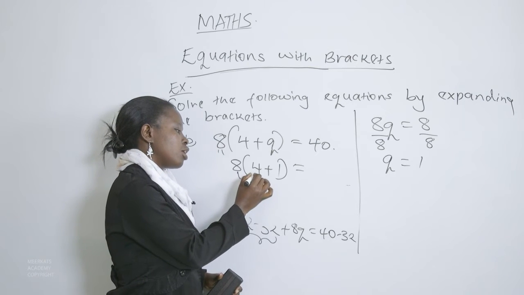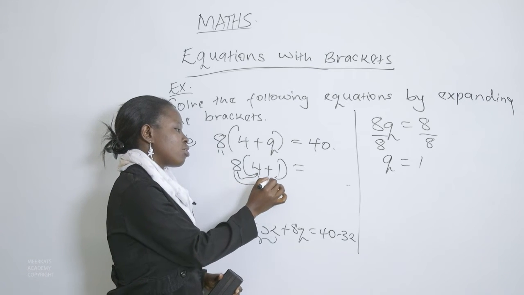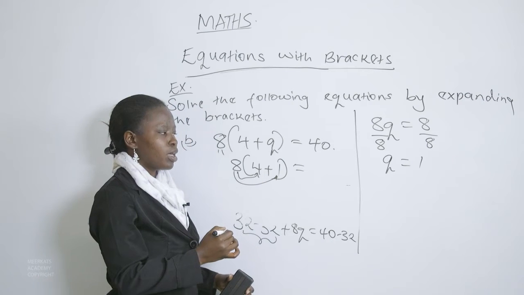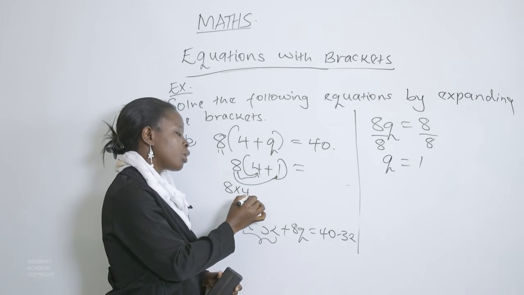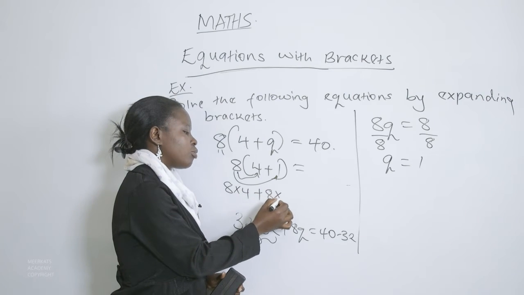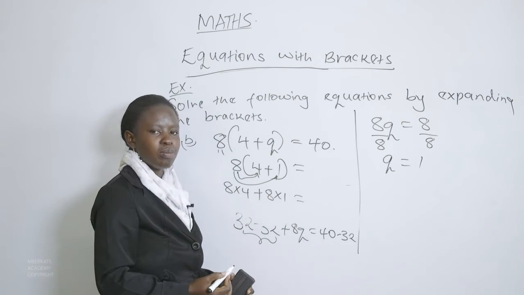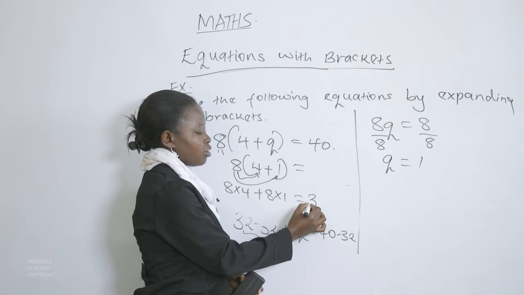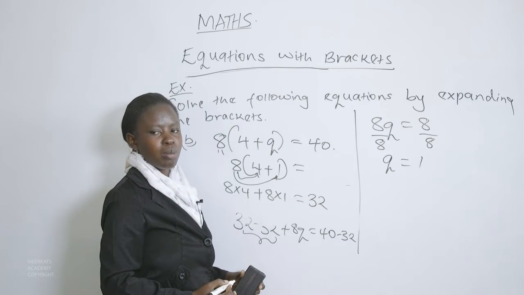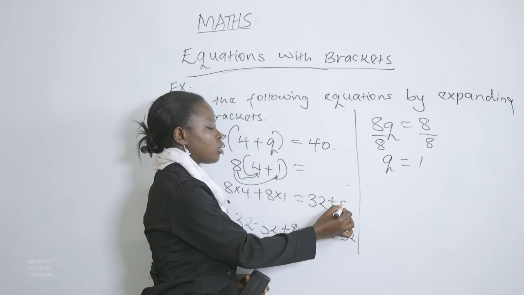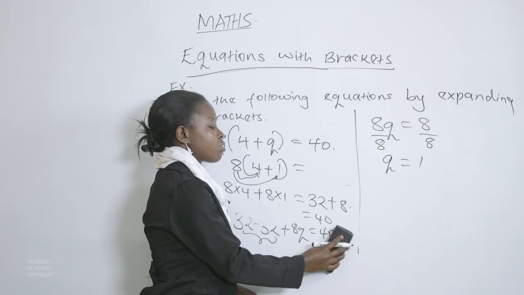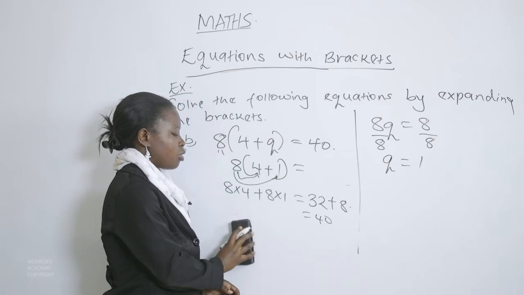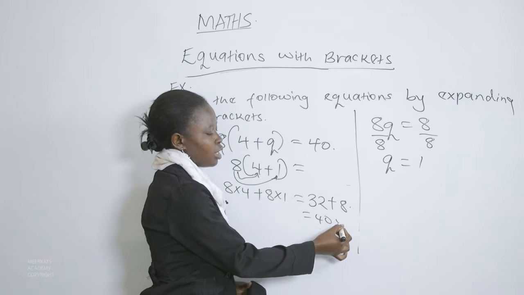We want to find out if it is going to give us 40 or not. So if I have brackets, whatever is outside the bracket should multiply everything inside the bracket, so that I have 8 times 4 plus 8 multiplied by 1. 8 multiplied by 4 gives us 32, and 8 multiplied by 1 gives us 8. So 32 plus 8 is simply 40, which means that I've gotten the value that we've been given on the right hand side.